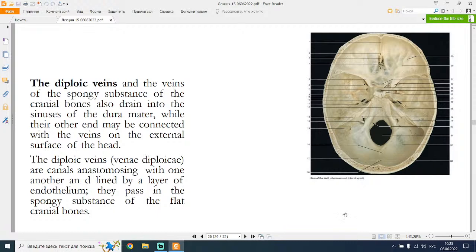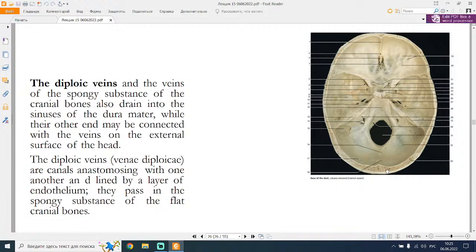The vena diploica are canals anastomosing with one another and lined by a layer of endothelium. They pass in the spongy substance of the flat cranial bones.